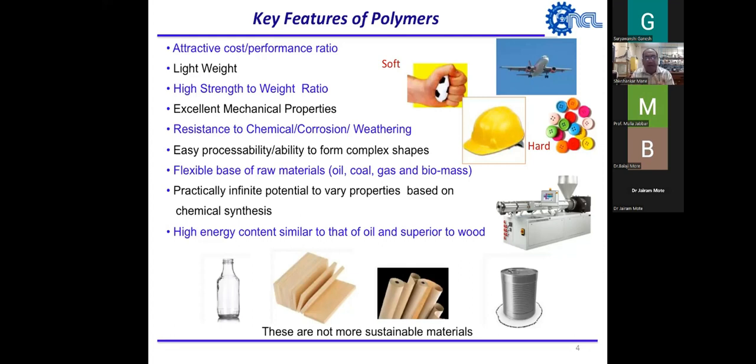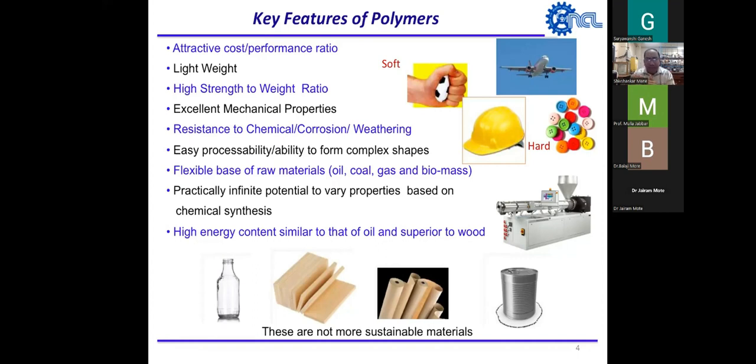They are cost effective, very lightweight with high strength, have excellent mechanical properties, and resist chemical corrosion, because if you use a metal it will easily corrode over time, but polymer doesn't corrode. They are also very easily processable. Using a molding machine, you can mold polymers into different kinds of shapes, using the fundamentals of this processability.